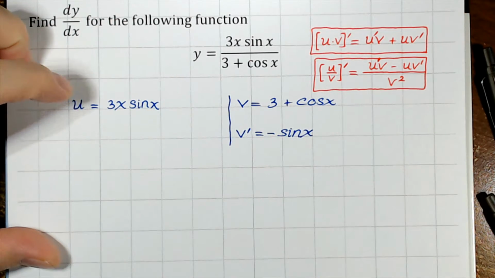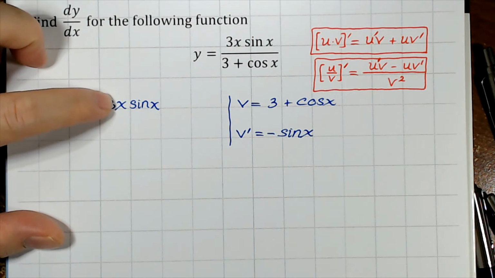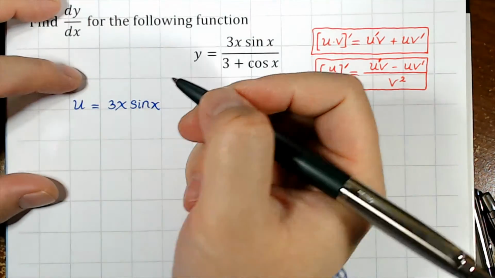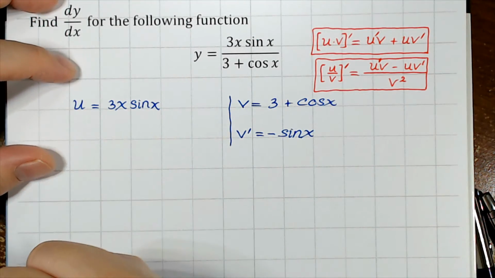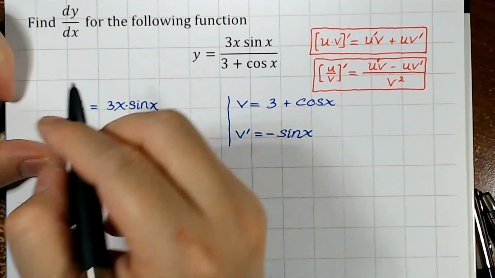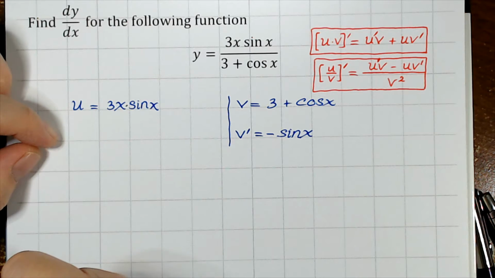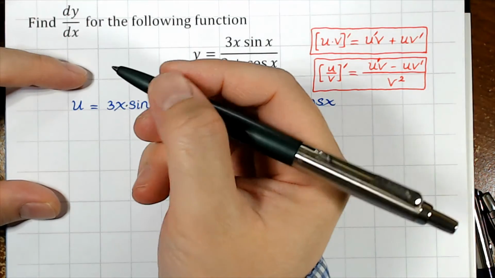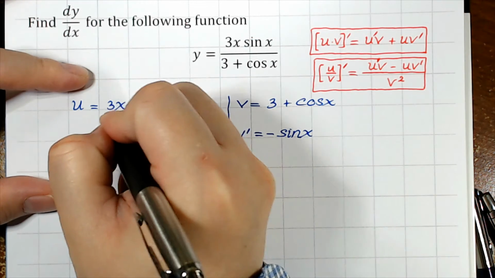Right, derivative of 3x sine x, so this is actually going to be a product rule, because we have 3x times sine x. Since we already use u and v, we want to use something else. Sometimes we just use the first and the second function.